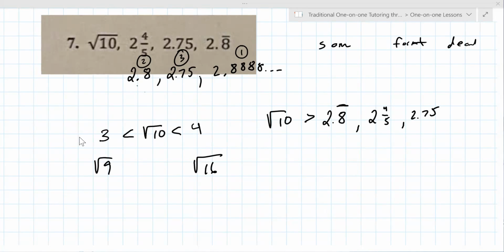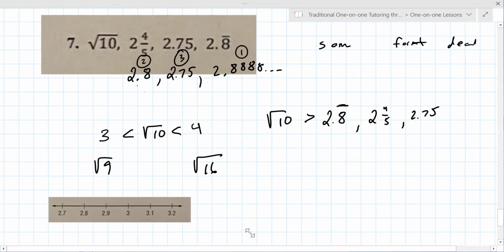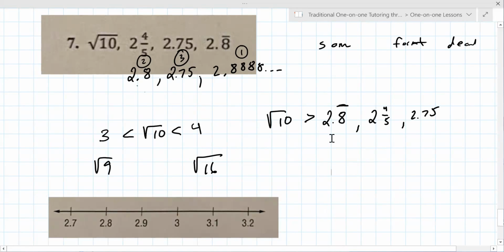So there's your number line. And we just put the numbers where if we know them. So like we know the square root of 10 is the biggest. We know it's more than 3. We actually don't know exactly where it is, but it's about right there. That's the square root of 10, believe it or not. 2.8 bar is the next biggest one, and it's 2.88, so it's kind of right there-ish.